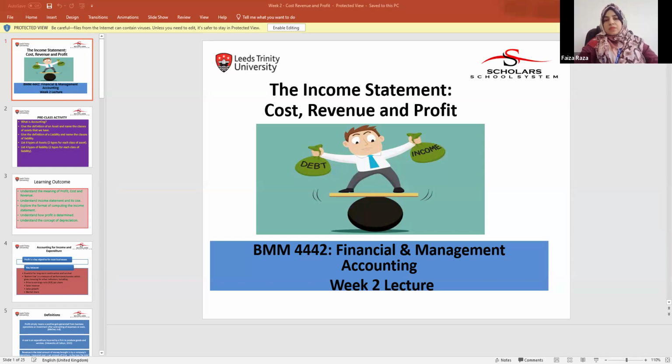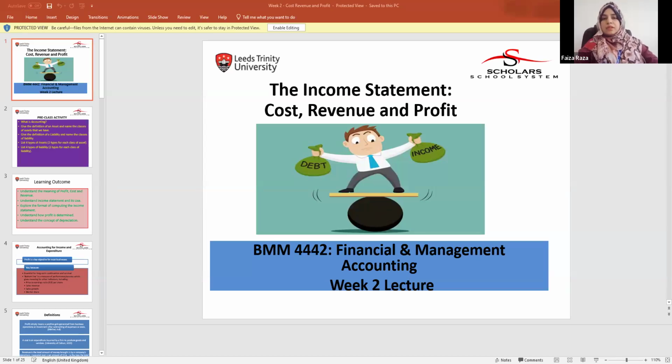So the income statement is one of the main financial statements. The income statement is subject to generally accepted accounting principles, which is a UK regulatory body, and international financial reporting standards, which is an international regulatory body for accounting procedures.